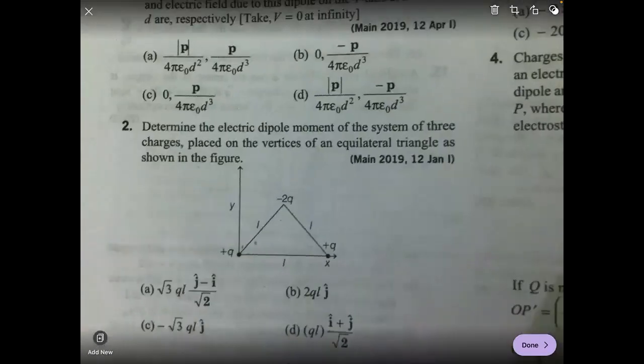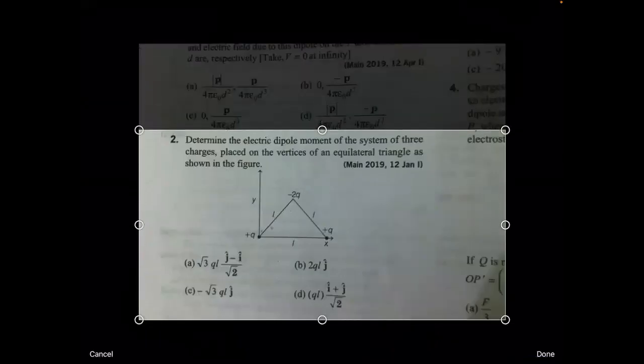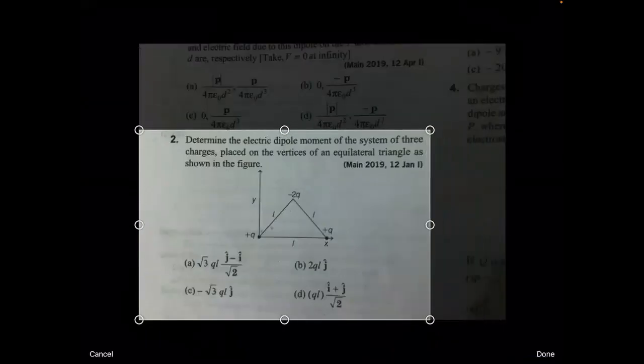So we had done the first question in class. First one means from the image that I'm showing you right now. That's a dipole related question, right? Yeah, but he made it look very easy. Okay, 1 second.